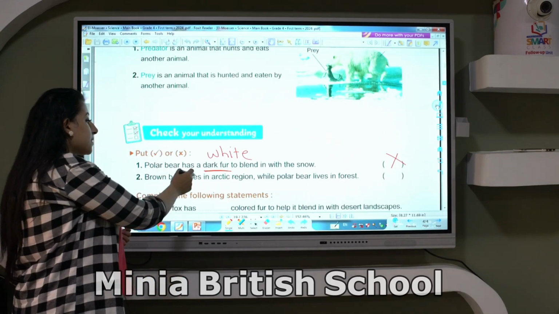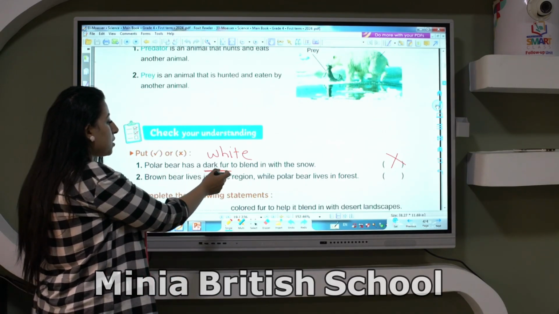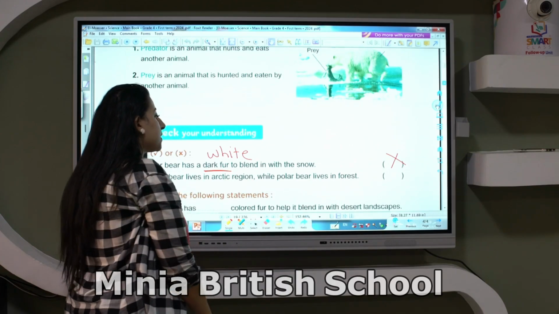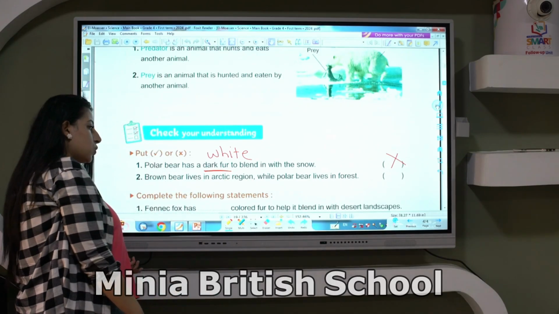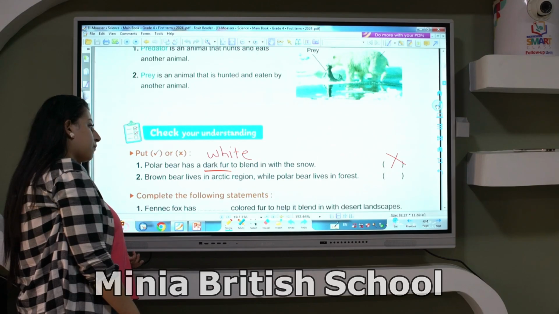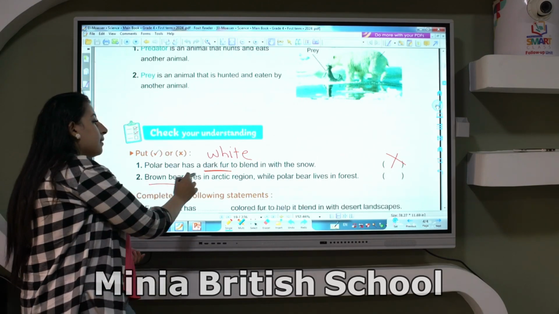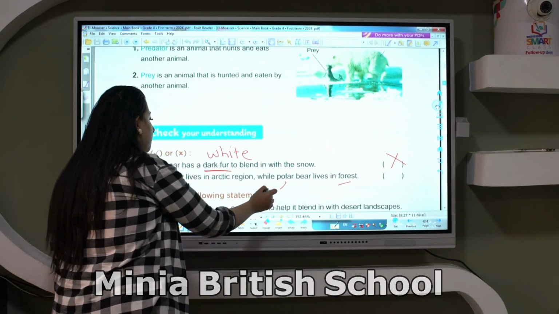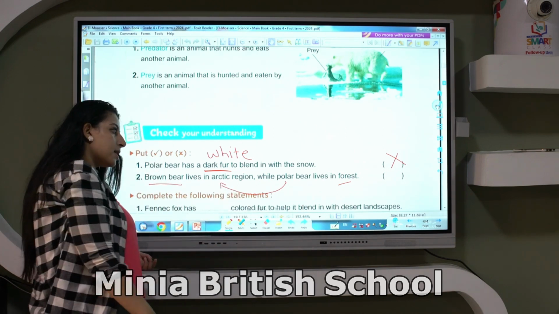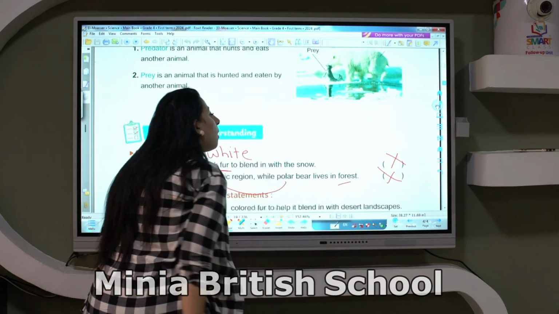The brown bear lives in Arctic regions while the polar bear lives in forests. Is it true? Of course not. The brown bear lives in forests while the polar bear lives in polar regions, so it is also false.